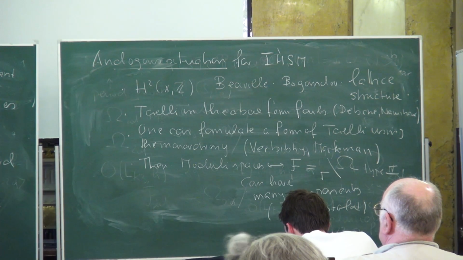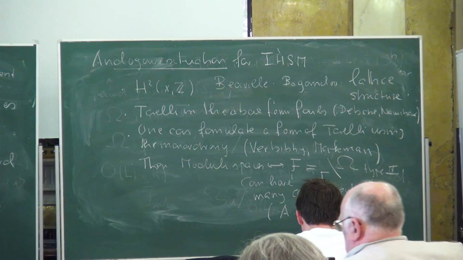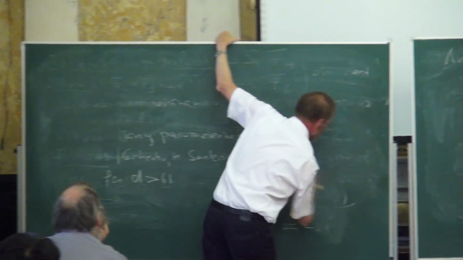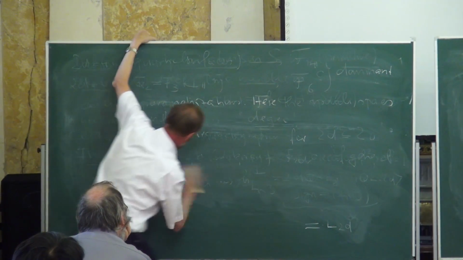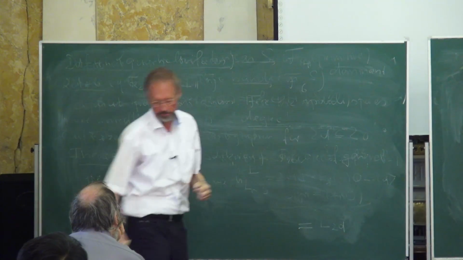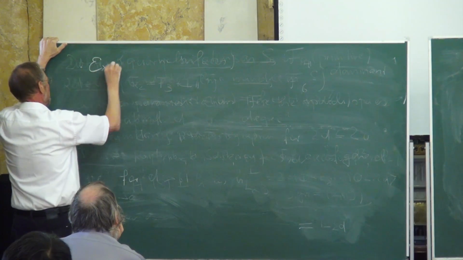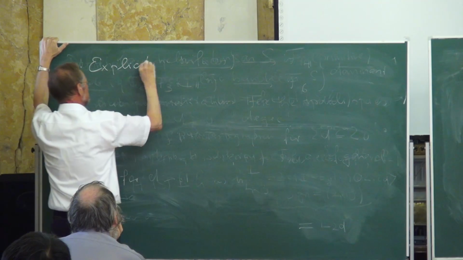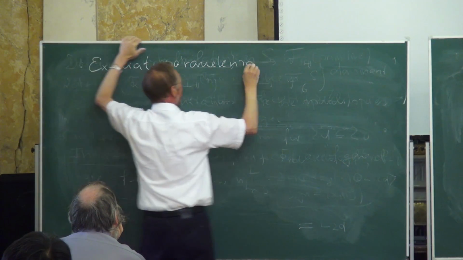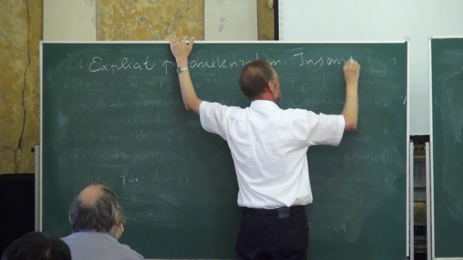What other things did I mention? I mentioned explicit parameterizations. Yes, that does exist, but it exists in fewer cases. So explicit parameterizations in some cases, but not so many.